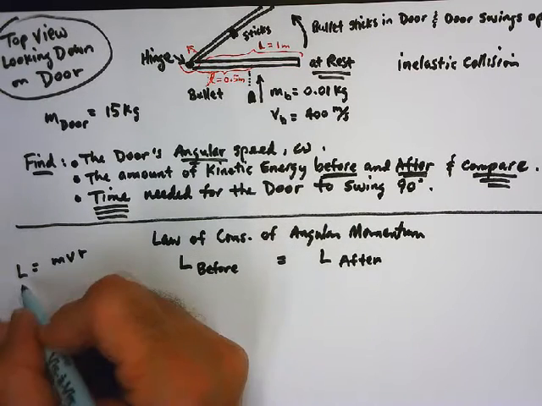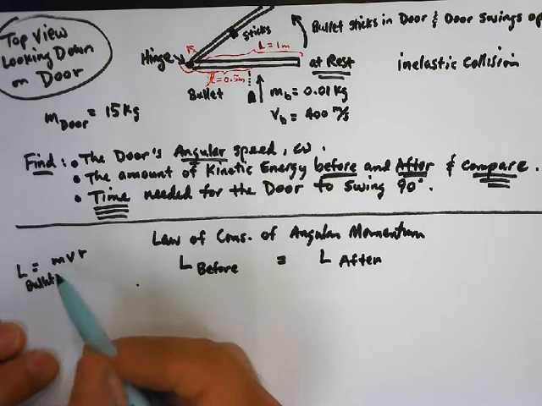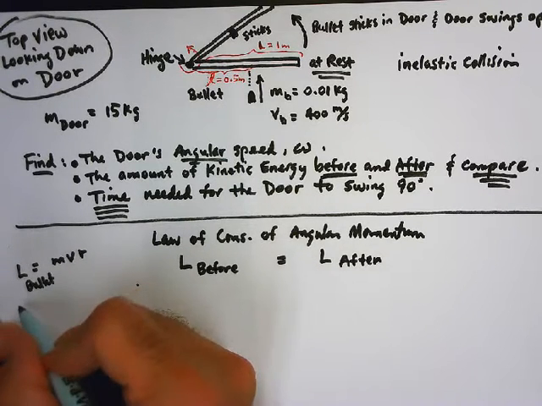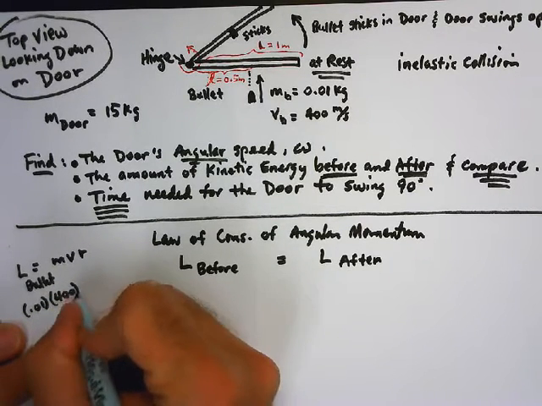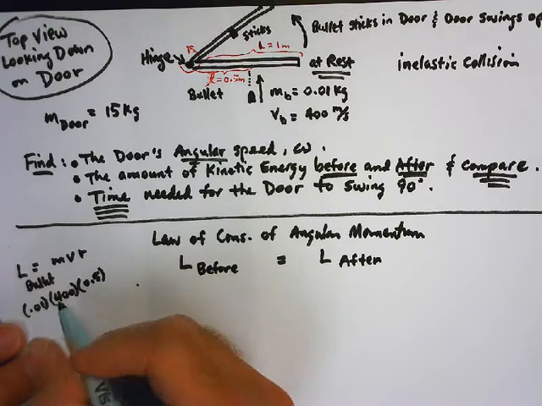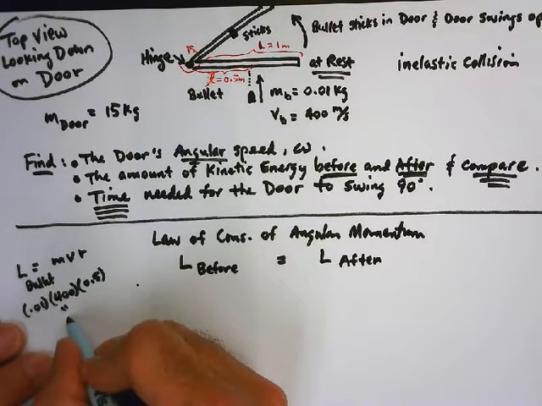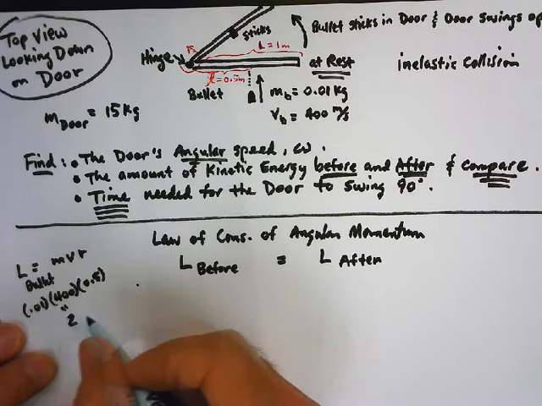So for the bullet, before it collides, it would have this angular momentum of 0.01 times 400 for the velocity times a distance of 0.5 from the hinge, and that equals 2 kilogram meters squared per second.